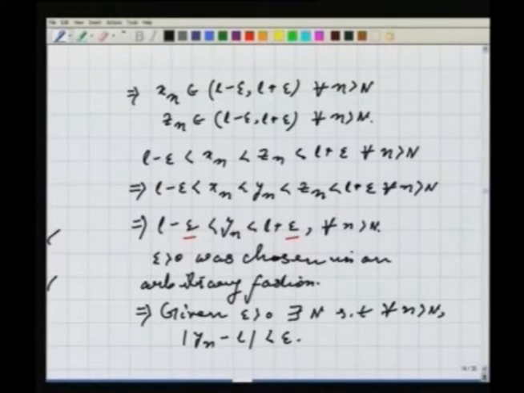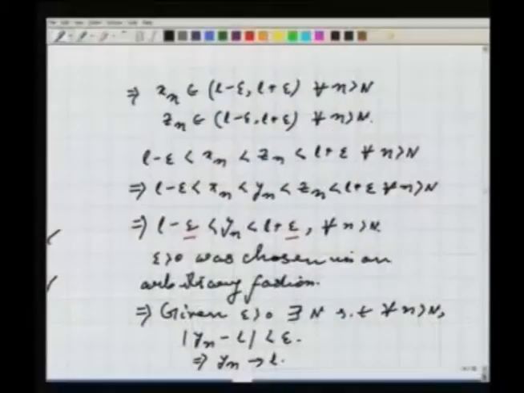This is precisely the notion of convergence. So, we could prove that yn also converges, and converges to the same limit as xn and zn. Let us look at certain applications of this result.